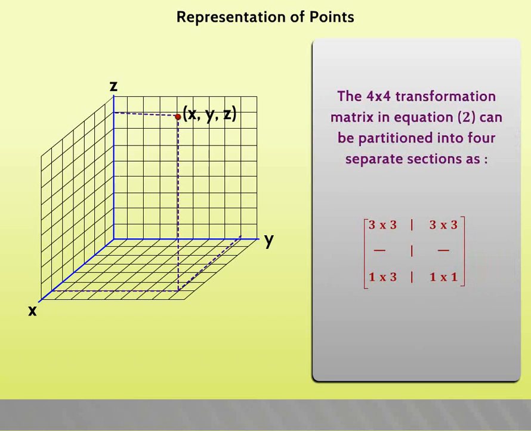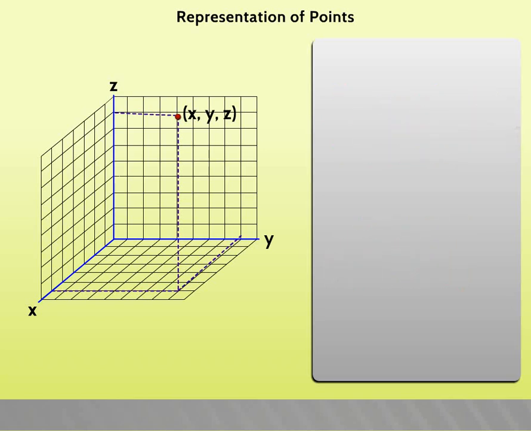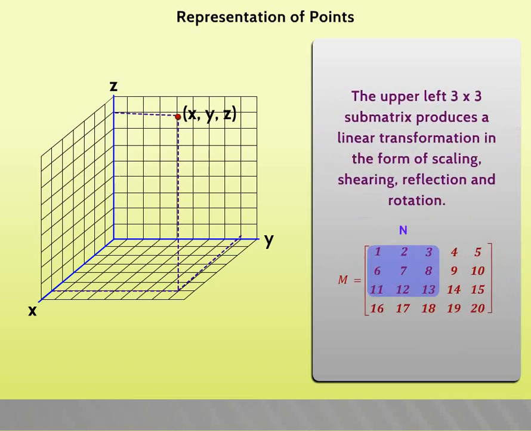The 4 cross 4 transformation matrix in the equation can be partitioned into 4 separate sections. The upper left 3 cross 3 submatrix produces a linear transformation in the form of scaling, shearing, reflection and rotation.